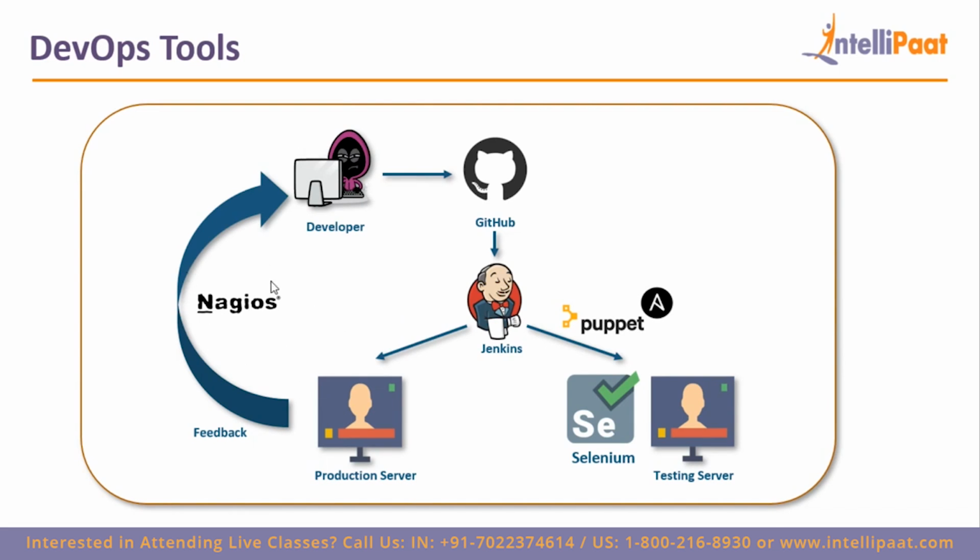When you connect it to a monitoring tool, whatever actions are happening on your production server or on your websites will be noted, and that metric data will be gathered by Nagios. When it gets gathered by Nagios, it is basically feedback. So the developer can now view what is going on in his application or on his web server, that is, the production server.